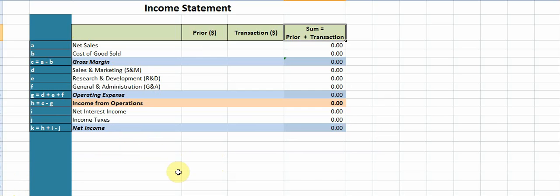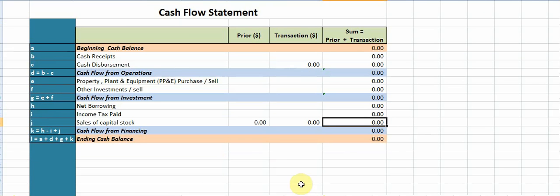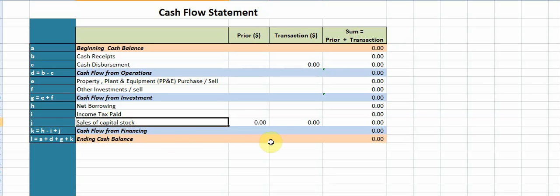Now go to the next statement, that is cash flow statement. Do I need to make any entry over here in this cash flow statement? The answer is yes. So let's go to the item where I need to make an entry. You can see this item sales of capital stock. There is no prior transaction.